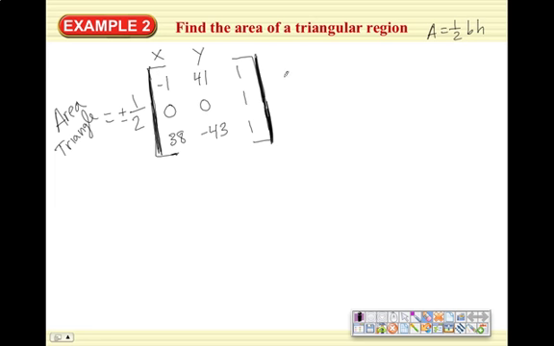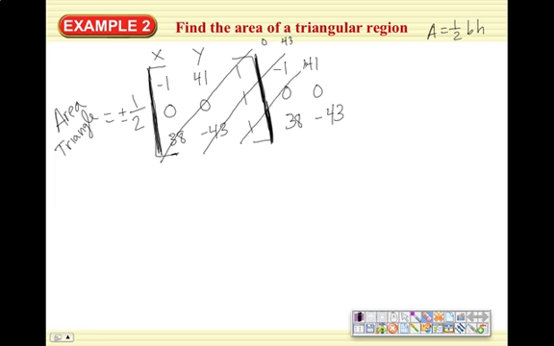Alright, how do we do this? Let's use the formula we had before. We're going to rewrite the first two columns: -1, 0, 38, 41, 0, -43. Now let's do our diagonals. There's 1, upward. Multiply those, it's 0. Here's the second, upward. Multiply those, 43.